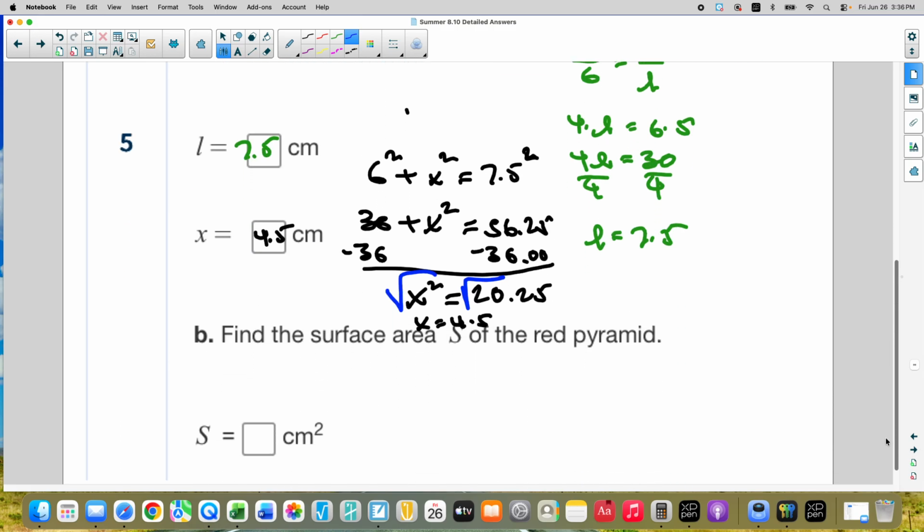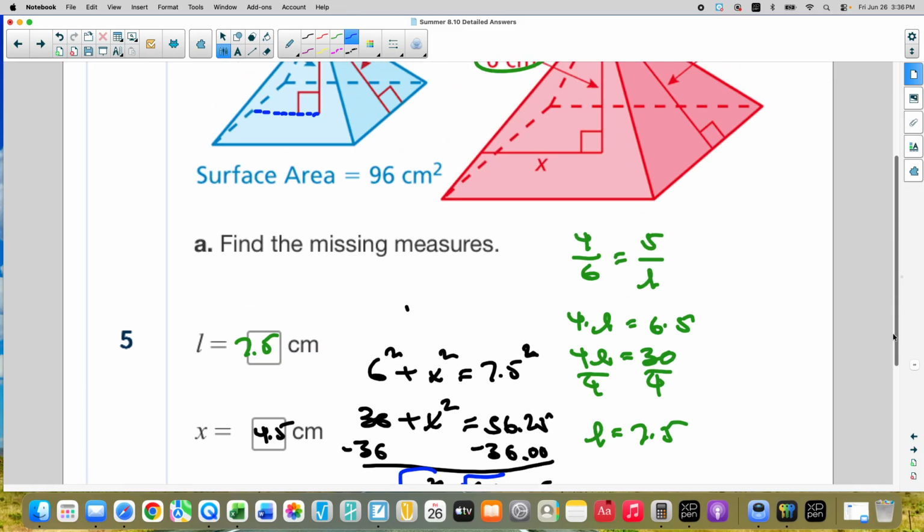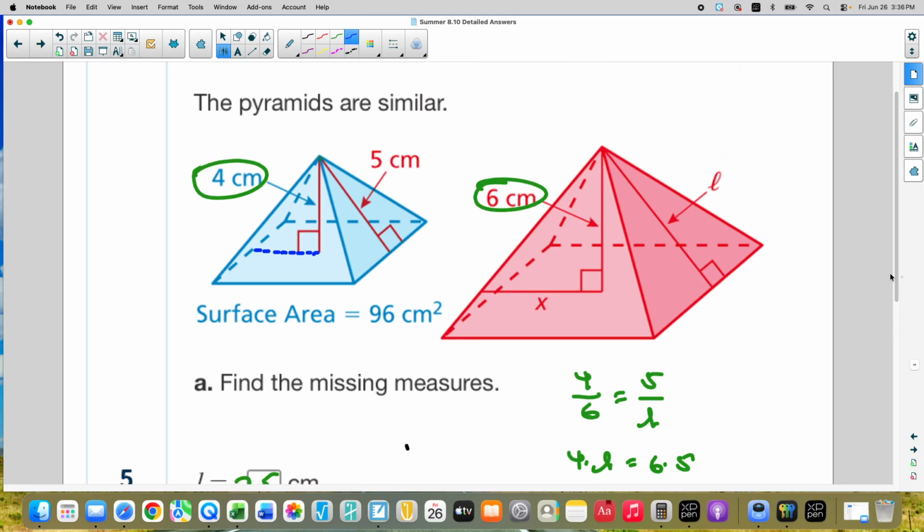And then find the surface area of the red pyramid. Okay, well, now proportion, right? They're similar, so they're proportional. When we're dealing with length and width, single linear dimensions, it's going to be a 1-to-1 ratio.